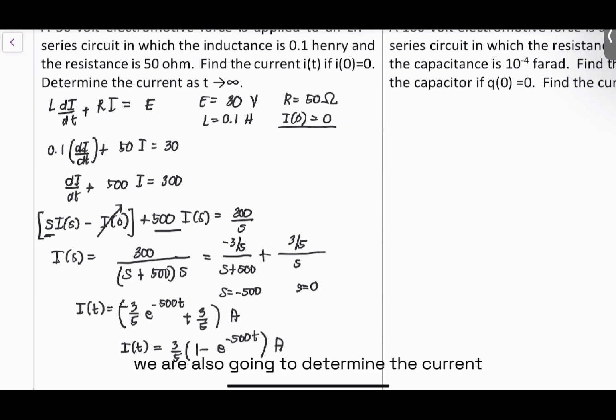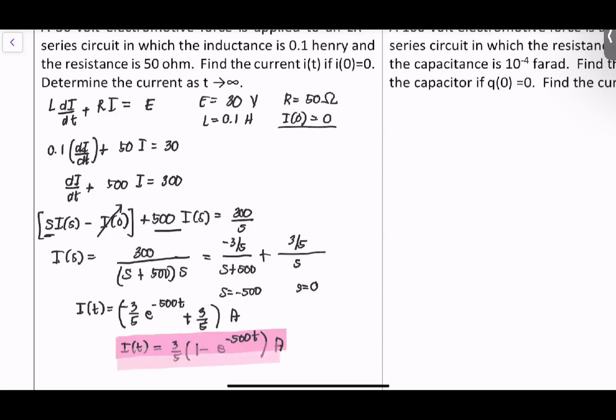We are also going to determine the current as t approaches infinity. So as t approaches infinity, this term here would be 1 over e raised to infinity, so it would approach 0.